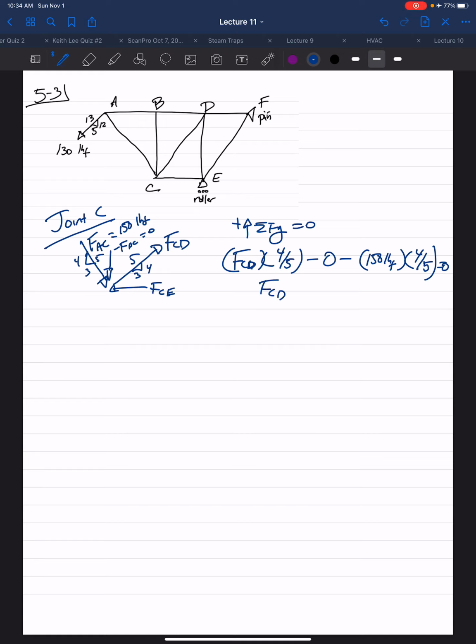Solve for FCD. We get 150-pound force, and it's pulling, so it's in tension.